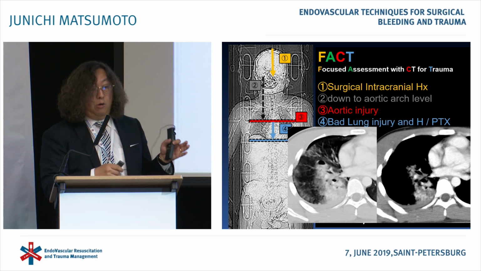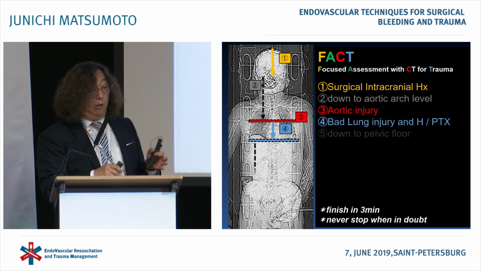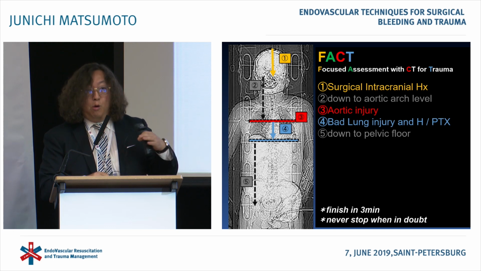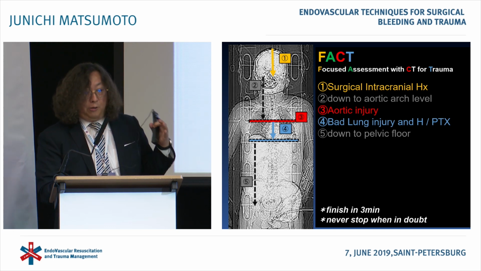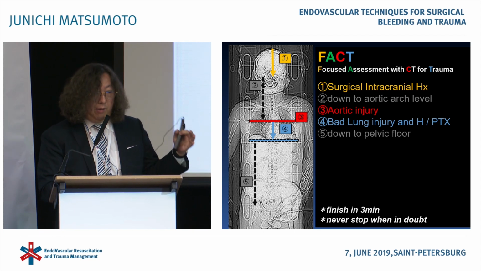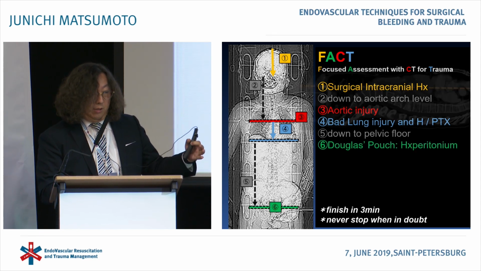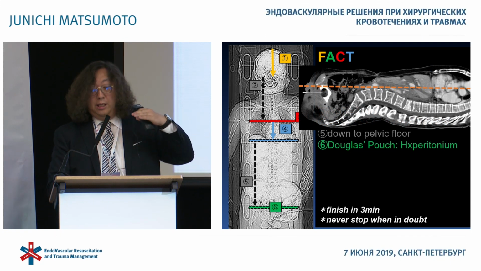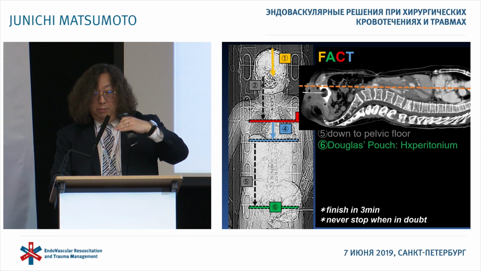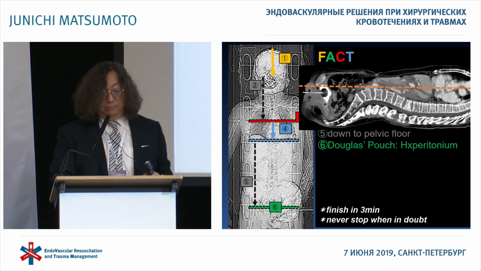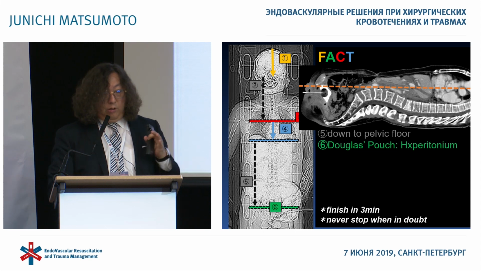After that we go down below the diaphragm to the pelvic floor, because the most critical pathology in the abdomen is a large amount of hemoperitoneum. So we go down to look at the pouch of Douglas, because a significant amount of hemoperitoneum goes down to the most gravity-dependent part of the pelvic floor.